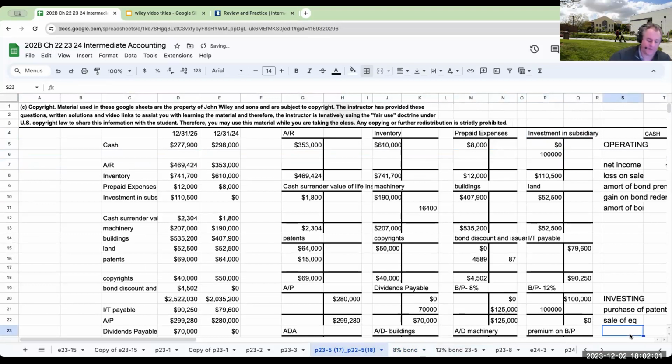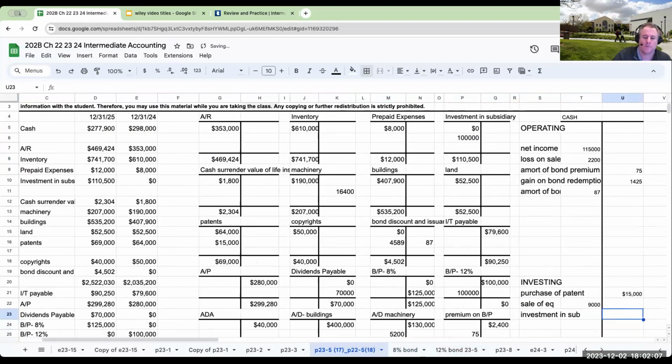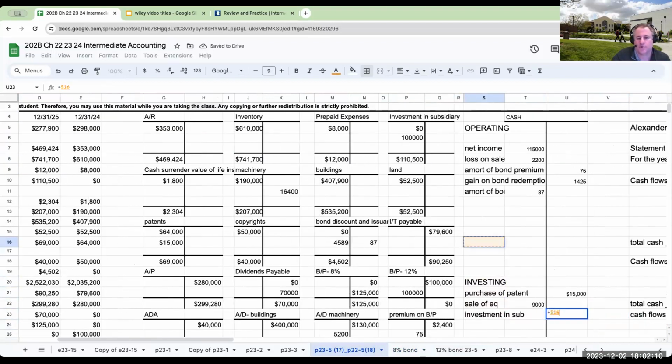We're going to go into investing, investment in sub. And this is going to show as a credit. I'm doing the opposite to cash for 100,000. Okay. Now, when it comes to the other amount, or basically when it comes to, just give me a moment.